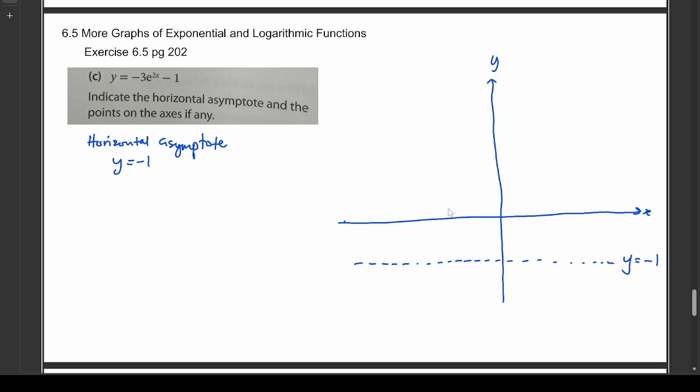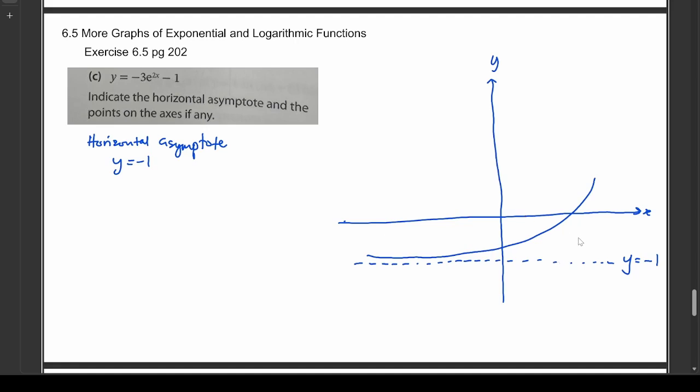Okay, then where's your primary graph? Exponential graph, that means it's something like this, right? The primary graph will go up like that, right? It's always going up. Even the ln graph will go up. Then check for any negative. If the front number is negative, basically you have to flip on the x-axis, right? But here we have an asymptote, so you have to flip it on the asymptote, right?